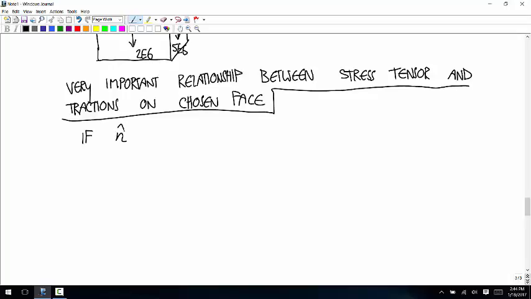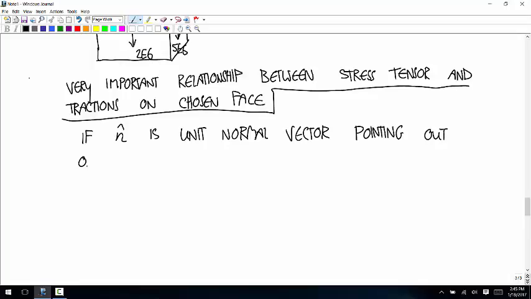If n hat is the unit normal vector pointing out of a face, then the stress tensor times that unit normal is equal to the traction vector on that face.